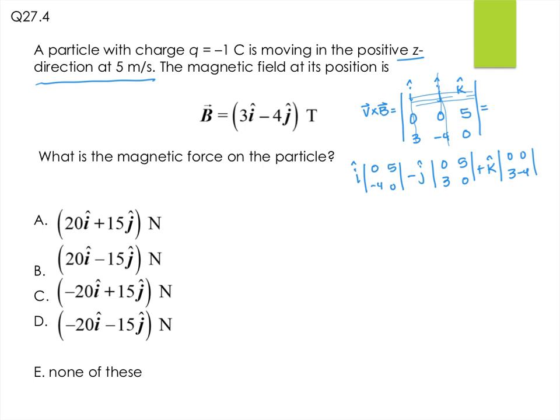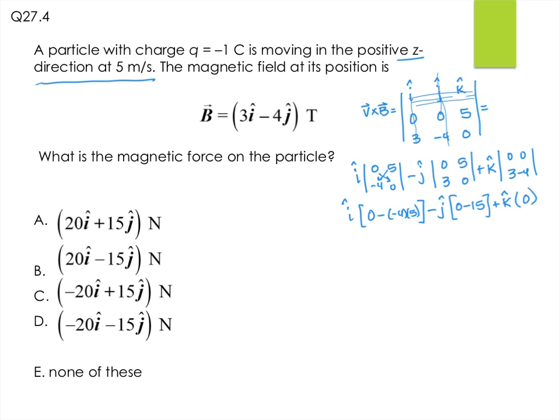And then when we find the determinant of these matrices, we multiply these two terms together, and then we subtract these two. So I have i hat, and then I have 0 minus 4 times 5. So that's that term. For j hat, I have a 0 minus a 15. And then for k, I just have 0.